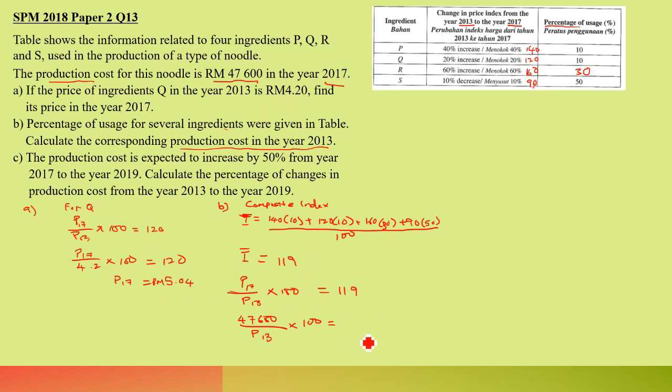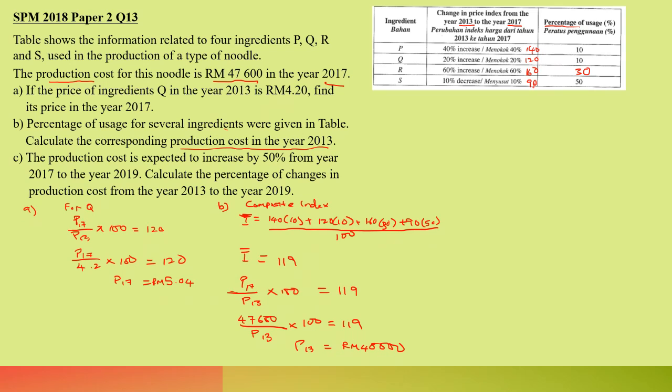That's called the composite index. So when you cross multiply and evaluate this, what you get is the production cost for 2013 will be RM 40,000. Okay, that answers your part B.